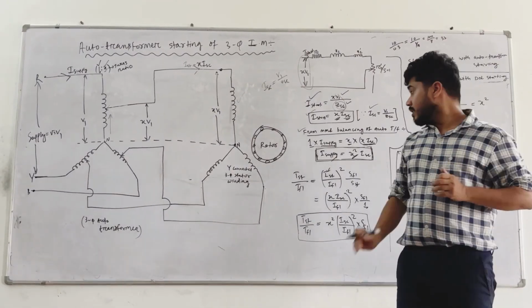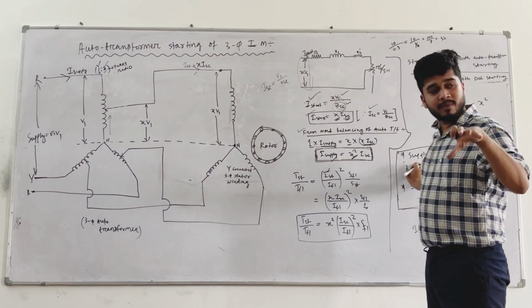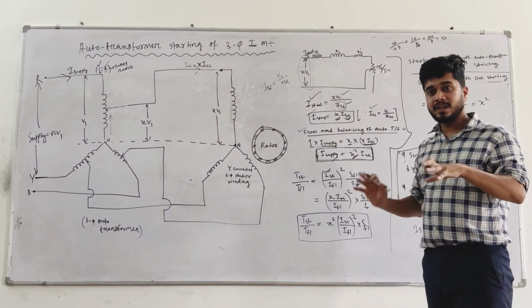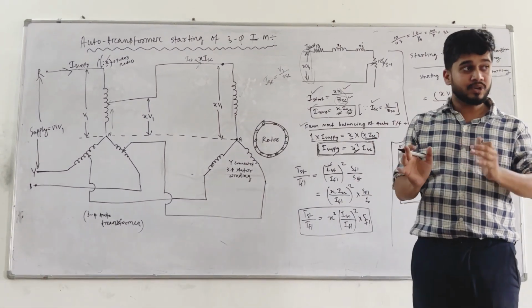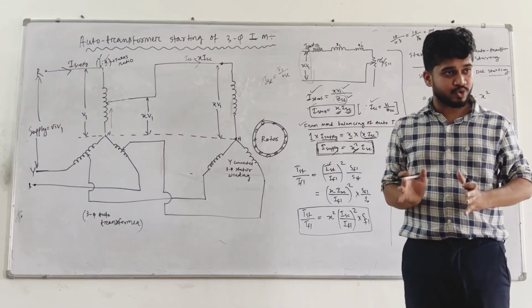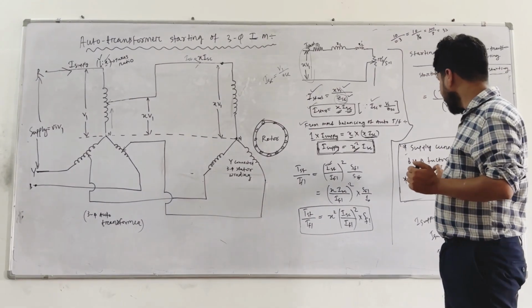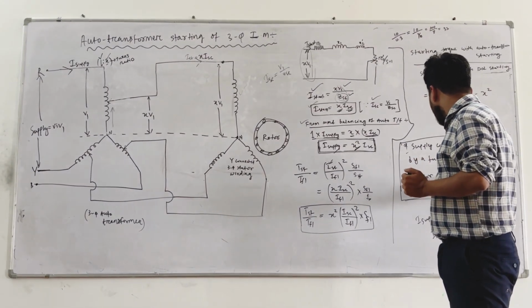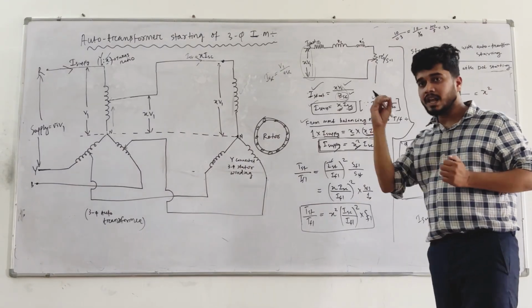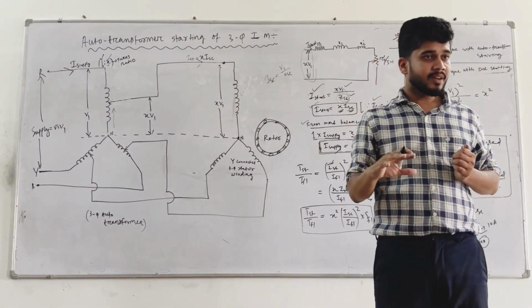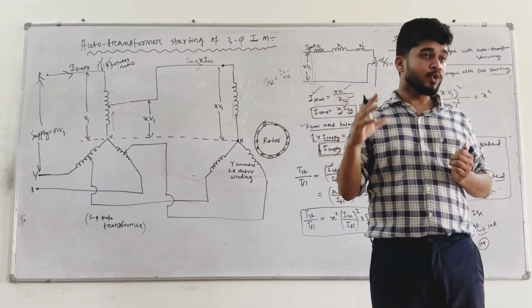So it means your motor is safe now because your supply current or starting current is reduced. Your current flowing in the starter is also reduced by a factor of X. This is our objective, to reduce the current flowing in the winding of the motor.